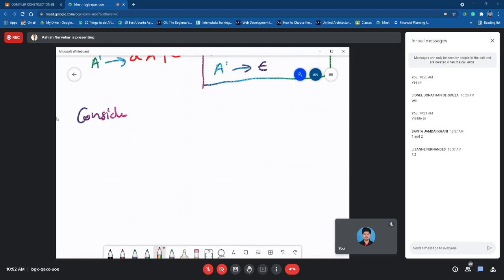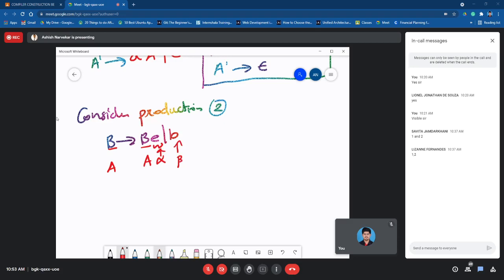What production 2 has is B derives capital B, small e, or B. Okay. Now what we have to do is we have to rewrite it. So for that we need to identify which is A. This is A. This is alpha over here, and this is beta.